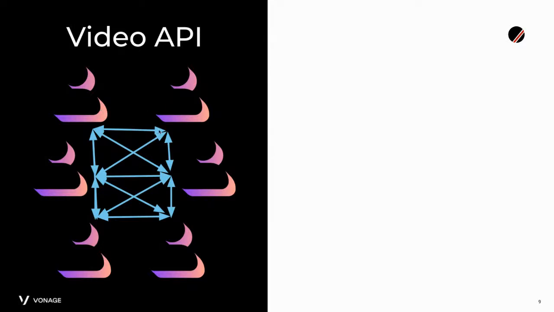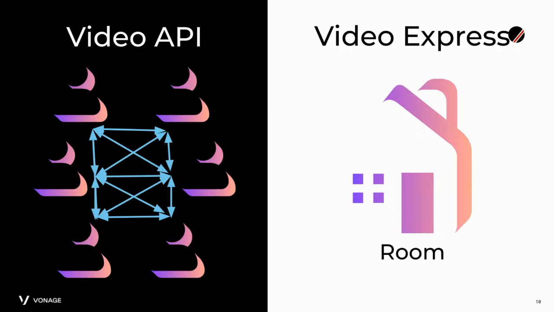You listen for the subscriber, then what do you do with the subscriber, and all those things? Well, with the Vonage Video Express, all that's placed into a room. So all you do is join a room. There is no more listening for the subscribers and figuring out what to do. You just join a room and it handles it for you.